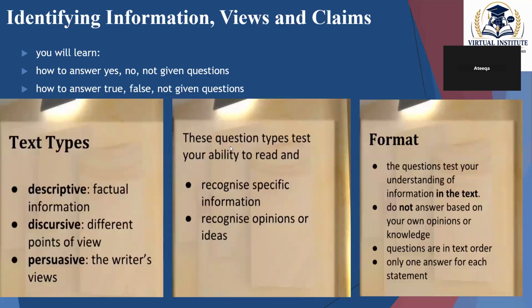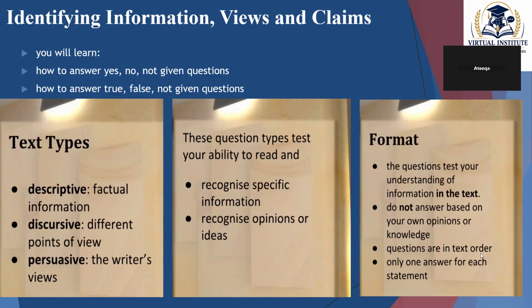Now, these question types test your ability to read and recognize specific information and also recognize opinions or ideas. The questions test your understanding of the information in the text, and you should not answer based on your own opinions or knowledge. Instead, you should focus on the information given in the passage and then answer.